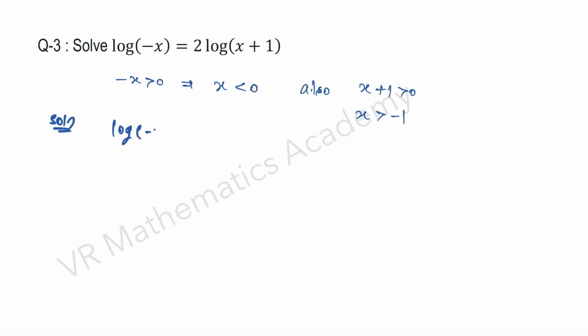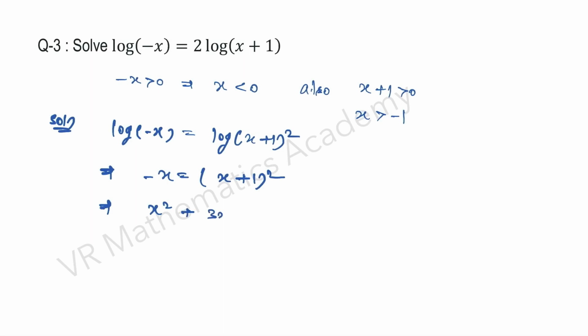We can write log of minus x is equal to log of x plus 1 whole square, which implies that minus x will be equal to x plus 1 whole square. When we solve this, it will be x square plus 3x plus 1 is equal to 0. Now we solve x square plus 3x plus 1 is equal to 0 by Sridharacharya formula, then it can be written as minus 3 plus minus root of 5 over 2.